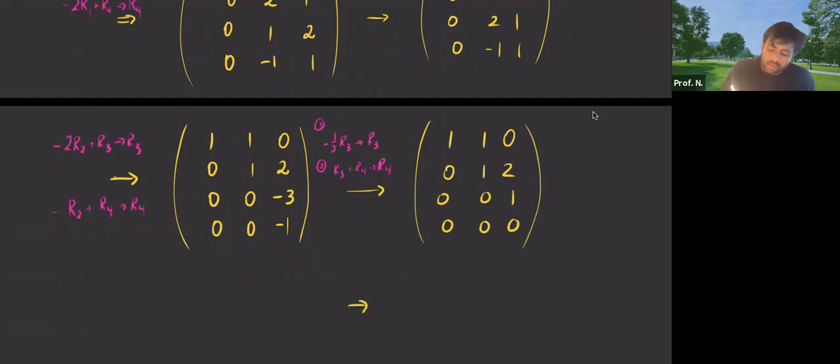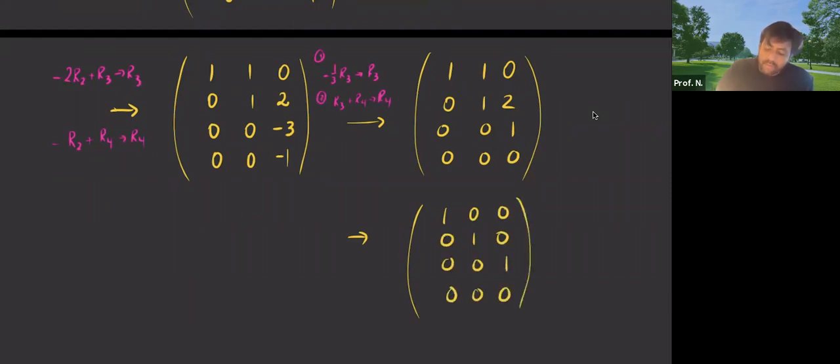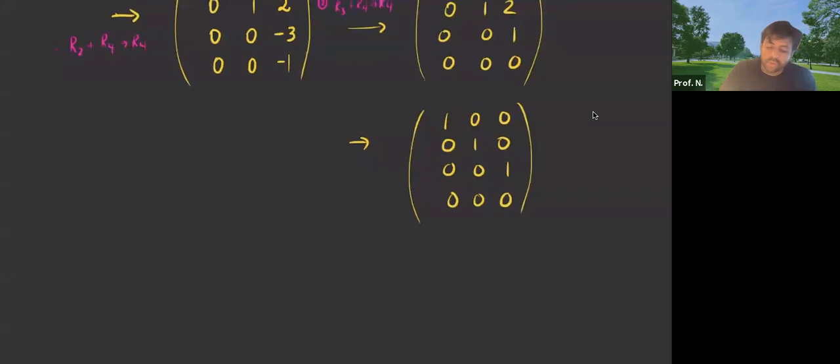And then without having to fill in all the rest of the details, I realize I can get rid of the 2 and the 1. And so what do I have? I get 1, 0, 0, 0, 1, 0, 0, 0, 1, 0, 0, 0. Now, this is the row reduced echelon form of my original coefficient matrix.